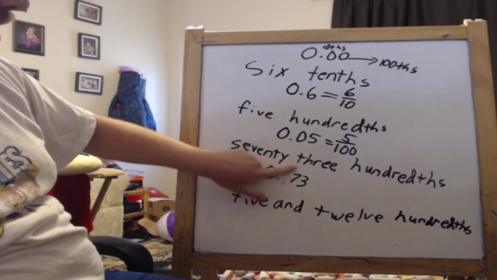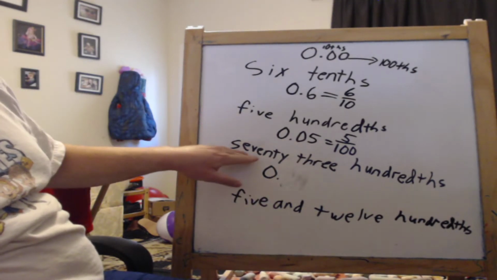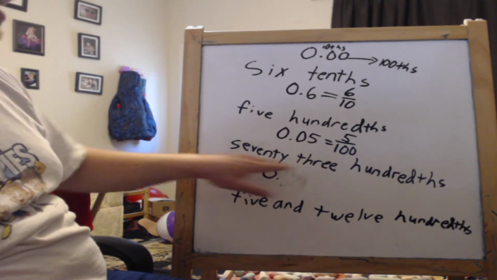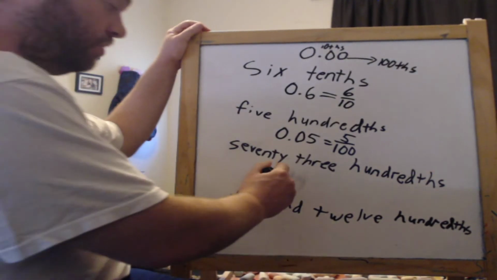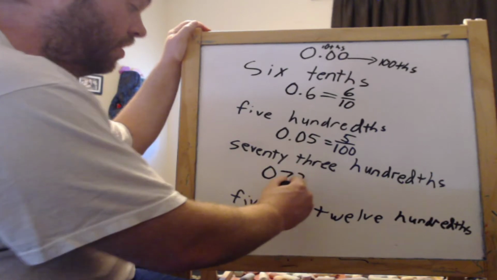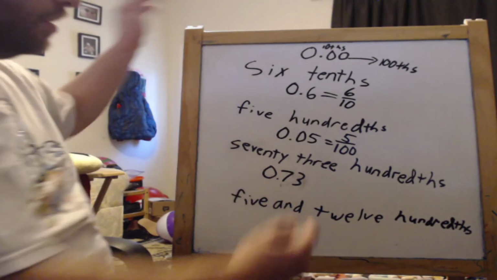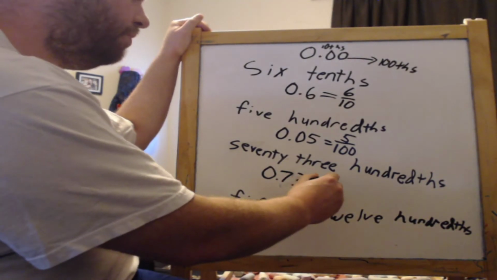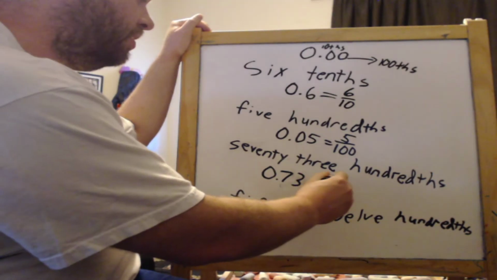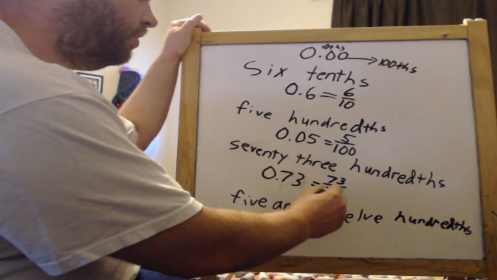So 73 has to end in the hundredths place. So it would be 0.73. 73 hundredths.